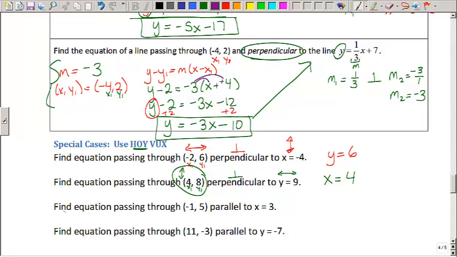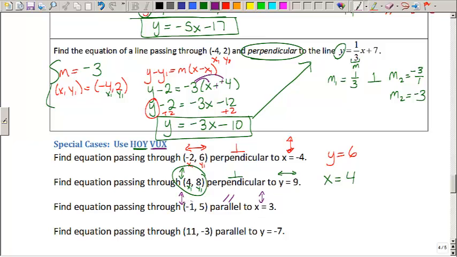The next problem says find an equation passing through negative 1, 5, yet this time I'm parallel to x equals 3. Parallel. So we have x equals 3, and my HOI VUX tells me that x equals is a vertical line. So I need to be parallel to a vertical. What kind of line is parallel to a vertical?